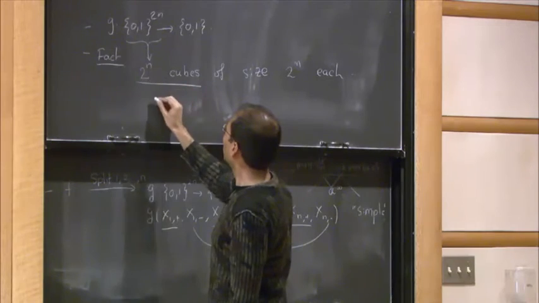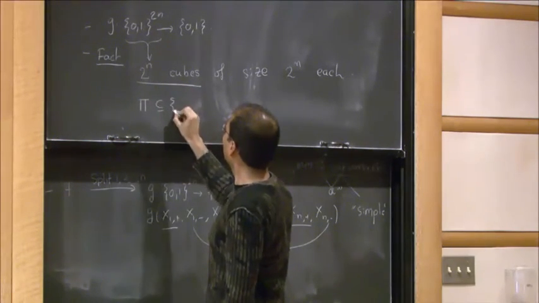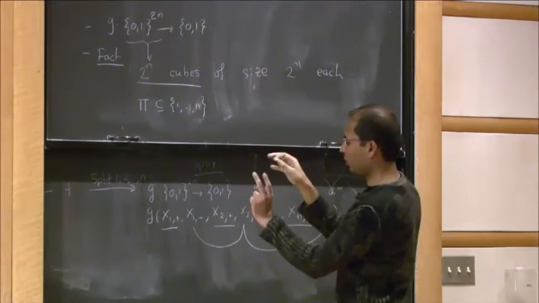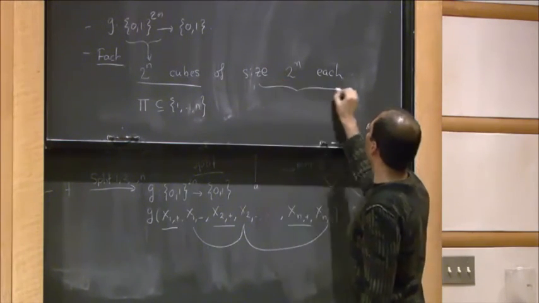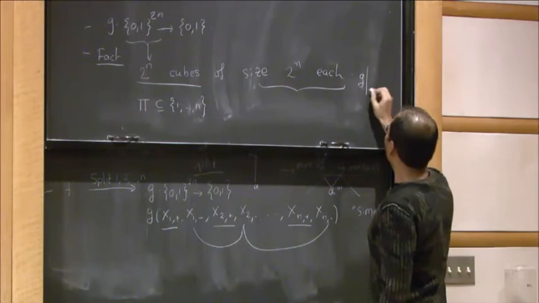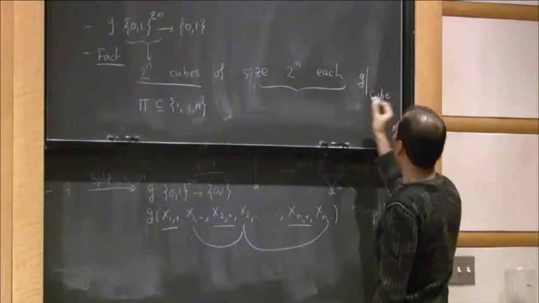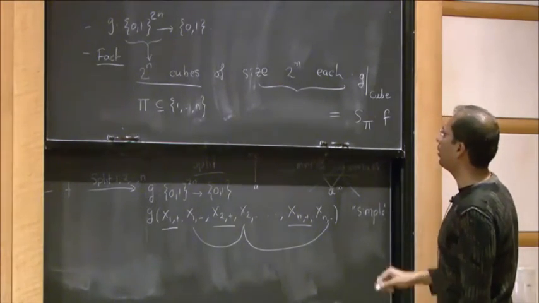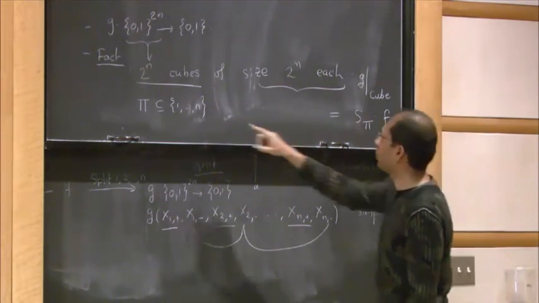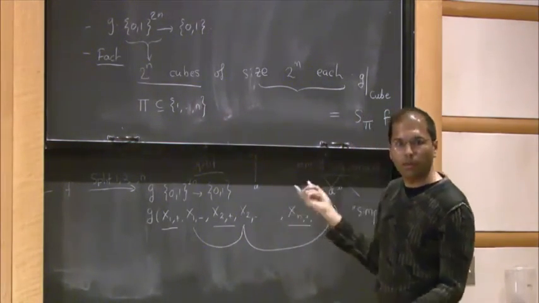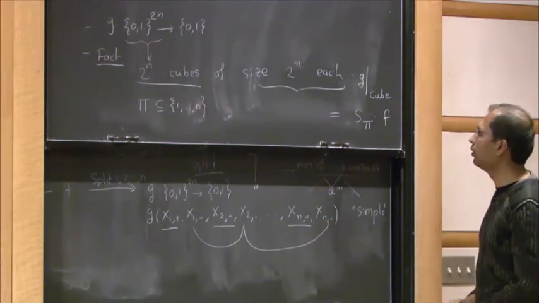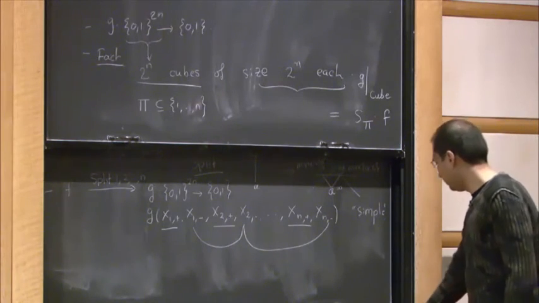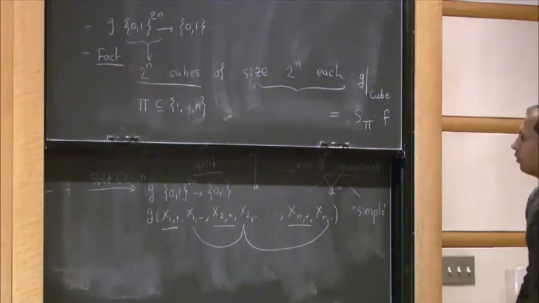Each of these cubes you could index by a subset of 1 through n, and on that cube, the restriction of G will exactly equal what you would get if you had applied to the function f the switches in that set. So this is a formal sense in which G is really f applied to half of the coordinates. And that's at least all I plan to say.